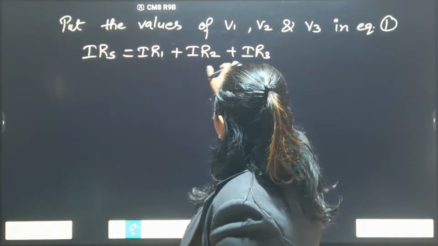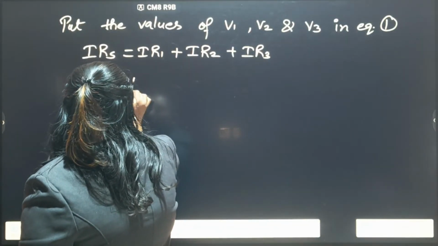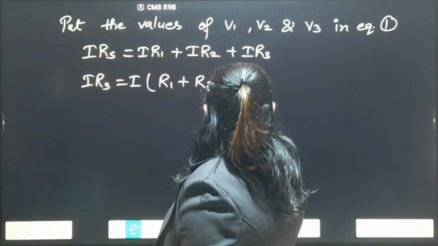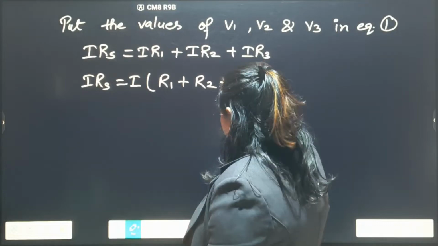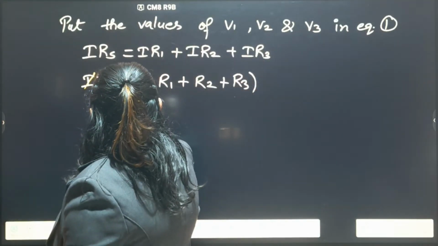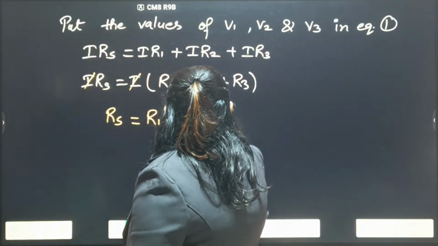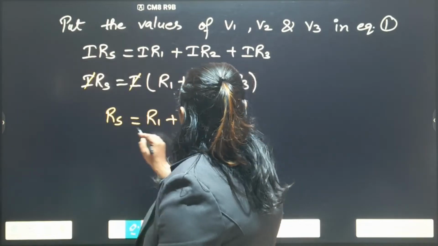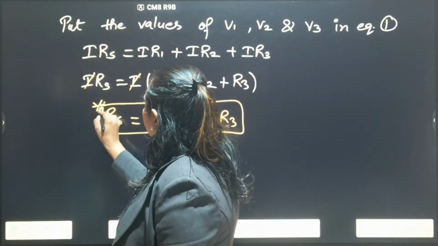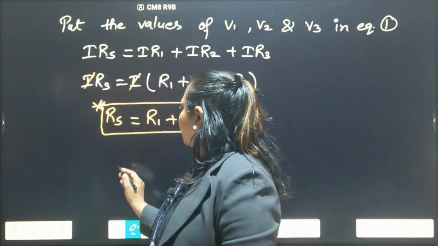Taking common I from these, it becomes I RS is equal to I times R1 plus R2 plus R3. I cancels out with the I. What we have? RS is equal to R1 plus R2 plus R3. This is the formula to find the equivalent resistance in series combination.